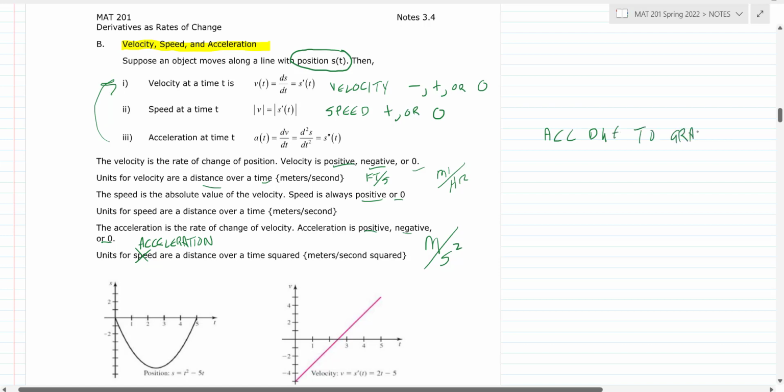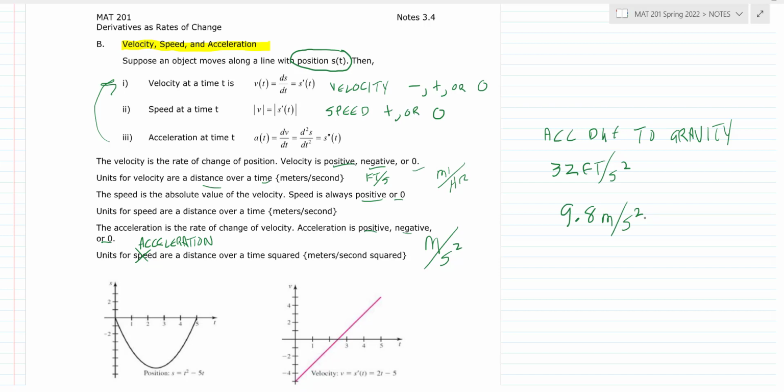If you neglect air resistance, if you drop something from a tall building on Earth, the acceleration is either 32 feet per second squared, or in the metric system, 9.8 meters per second squared. The reason you have that second squared is because you're doing another derivative. So that's what forces that to be a second squared.